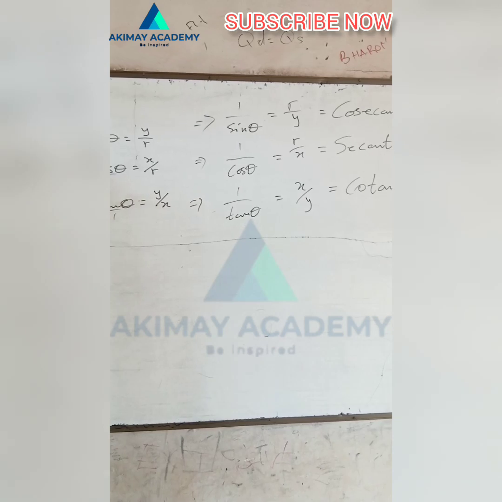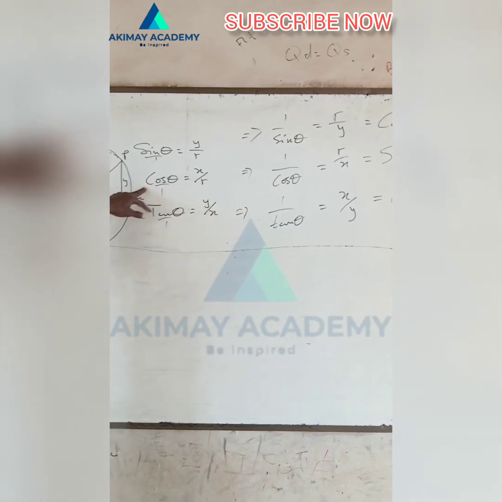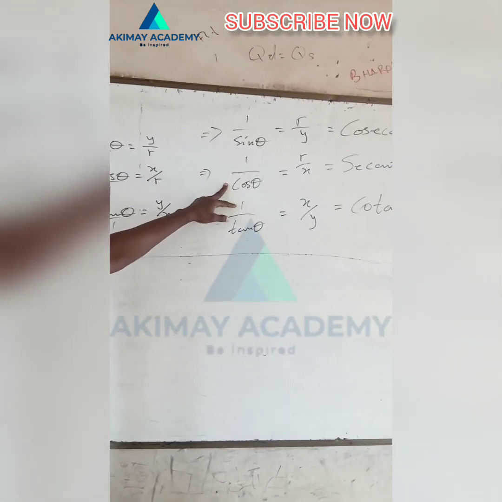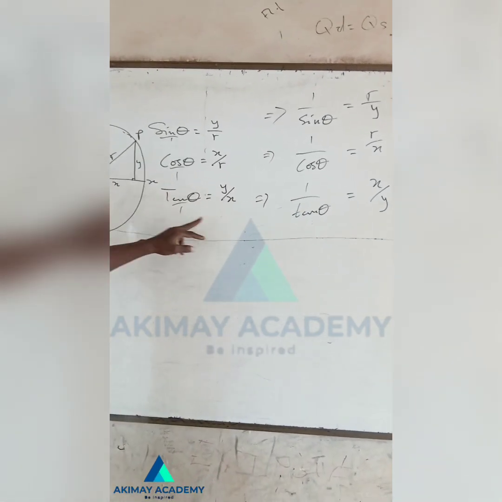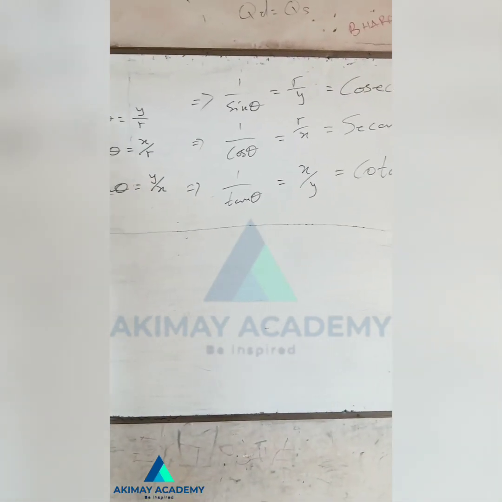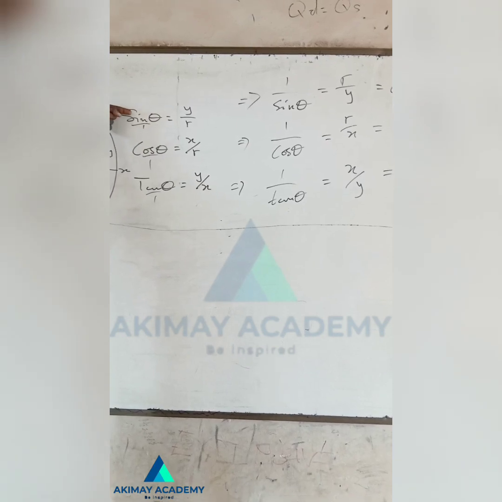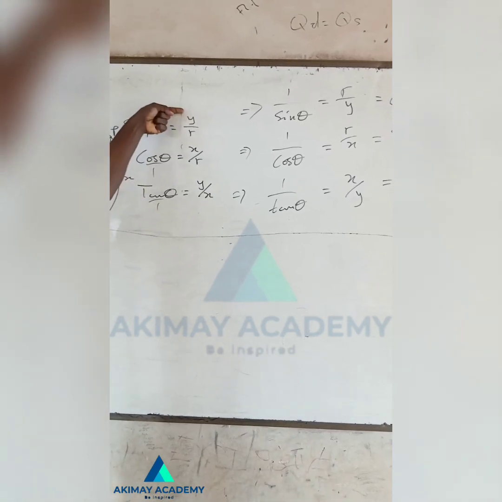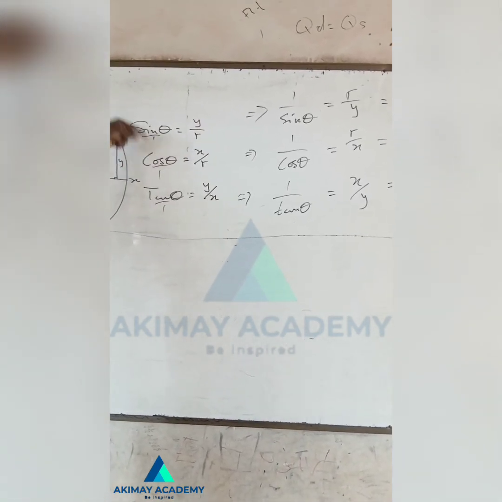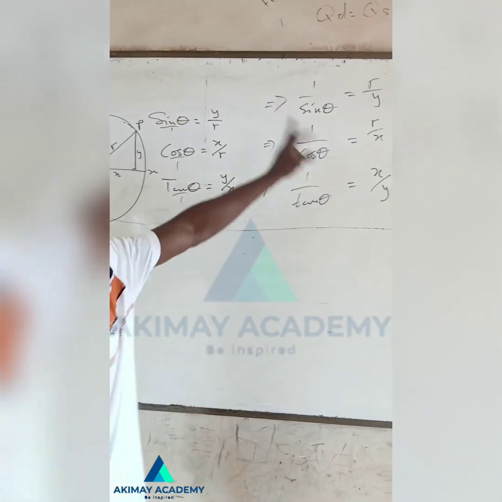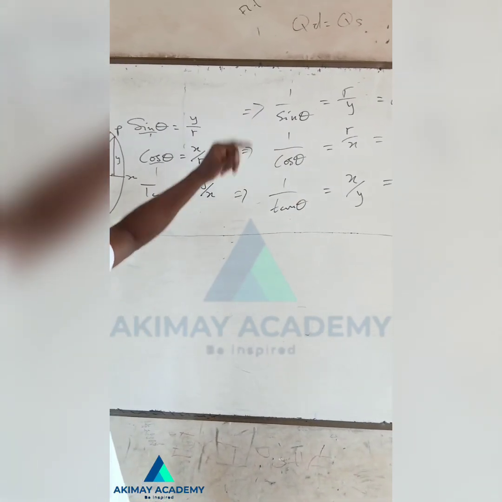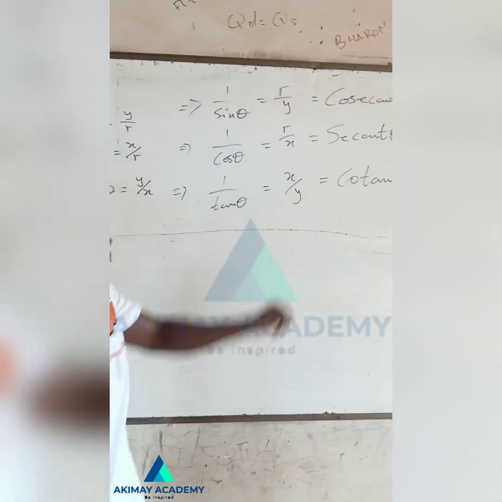When we reciprocate this one too, we are going to get 1 out of cos theta. And this one, when we reciprocate tan, we are getting 1 out of tan theta. So remember, as we are reciprocating this side, the same applies to this section. So when we reciprocate 1 out of sin theta and 1, r and y also reciprocate. So we have r out of y.